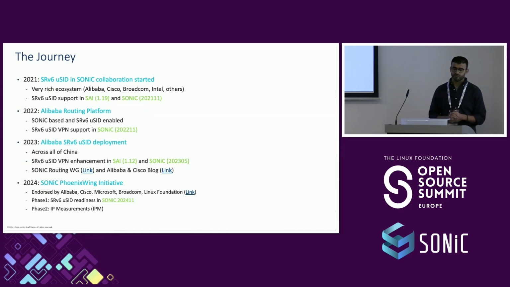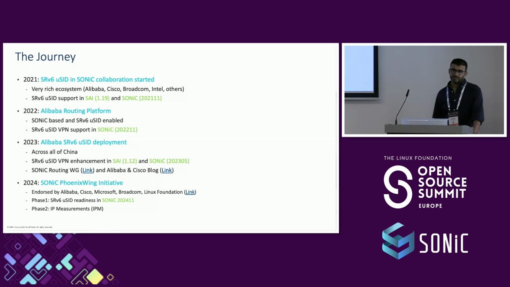It's basically a SONiC device that is SRv6 enabled. 1 year after, SRv6 was deployed in production in Alibaba across China, and together we wrote a blog post on the Linux Foundation. You have the link for this.